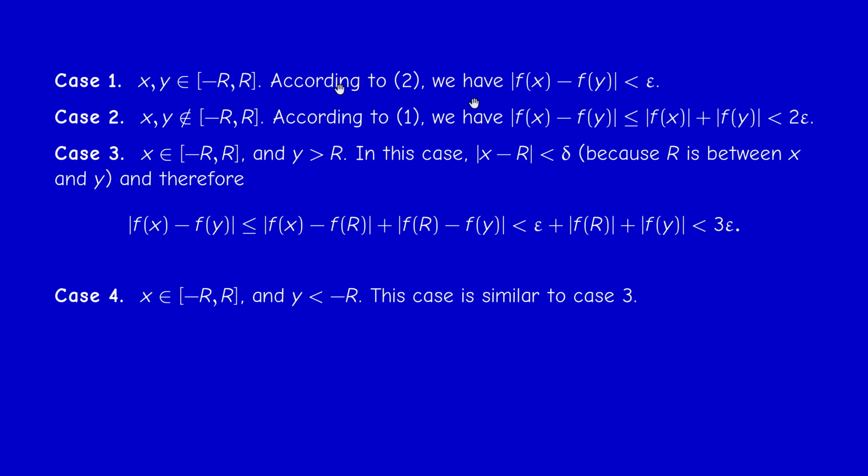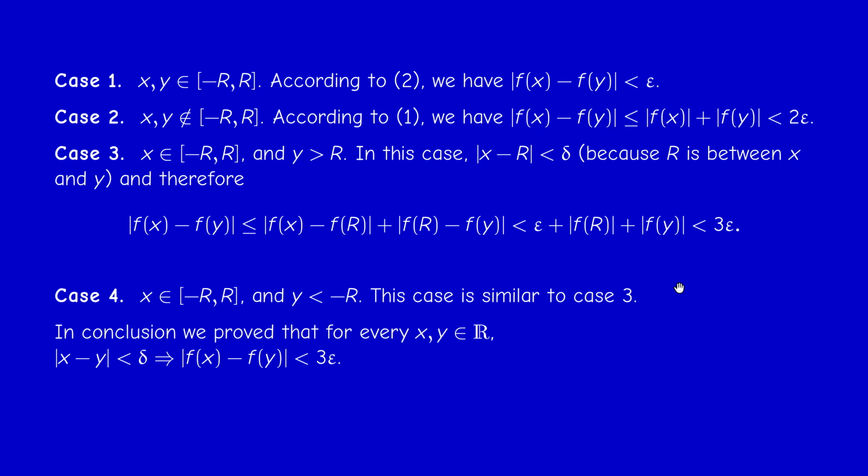And therefore, in all cases, whenever we have x and y satisfying the absolute value of x minus y less than delta, we have the absolute value of f of x minus f of y less than 3 epsilon. But epsilon was arbitrary, and this is just the uniform continuity condition.